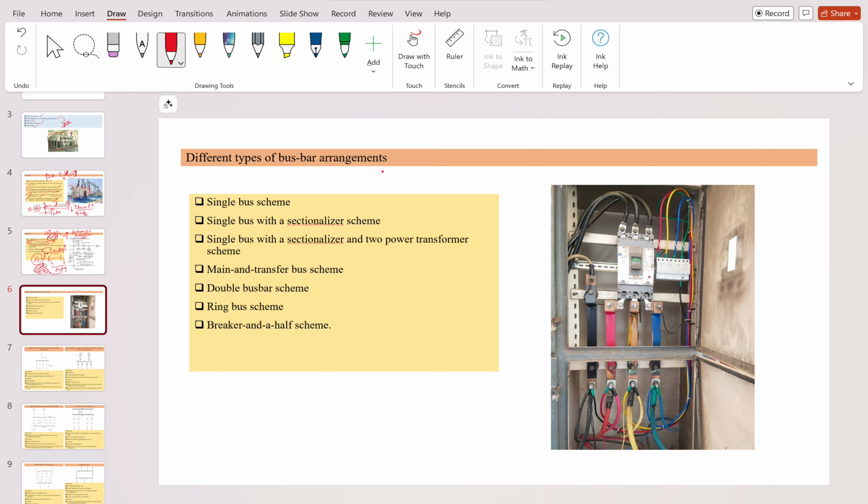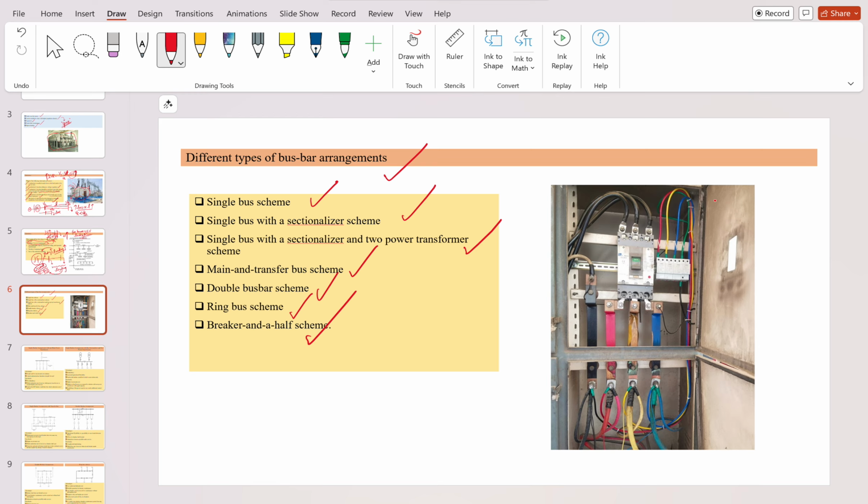There are different types of bus bar arrangements, also in the slides: single bus bar scheme, single bus with sectionalizer scheme, single bus with sectionalizer and two power distribution transformers, main and transfer bus scheme, double bus bar scheme, and breaker and half scheme. We will see them one by one.